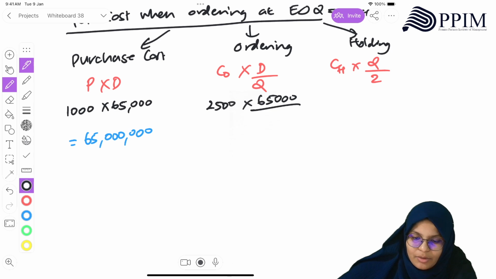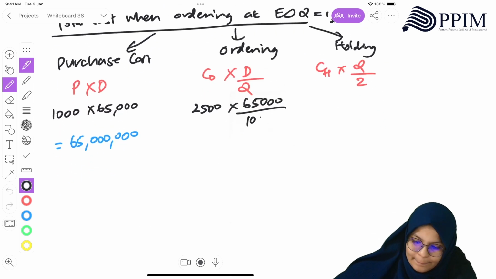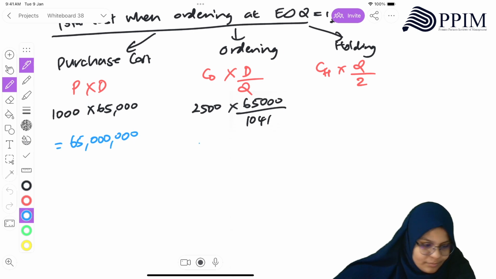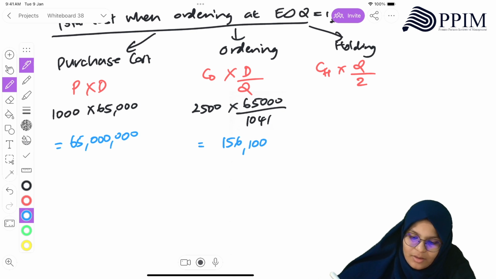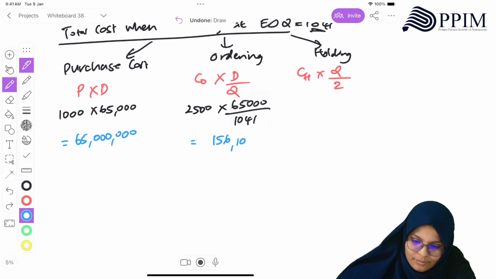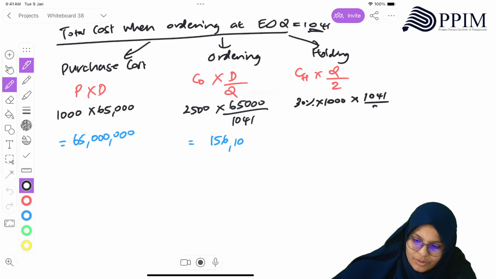Quantity we are talking about is the EOQ this time, so that's 1041. That's 156,100. Then we have the cost of holding. They told me it was 30% of the purchase price 1000 into quantity 1041 over 2.